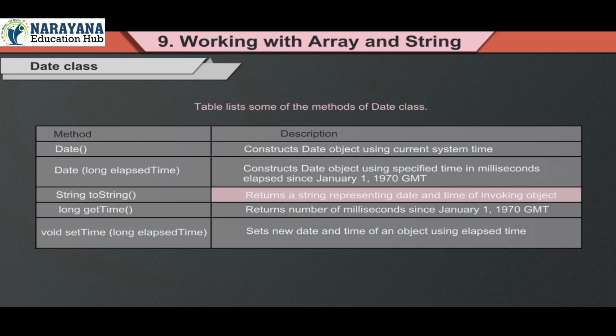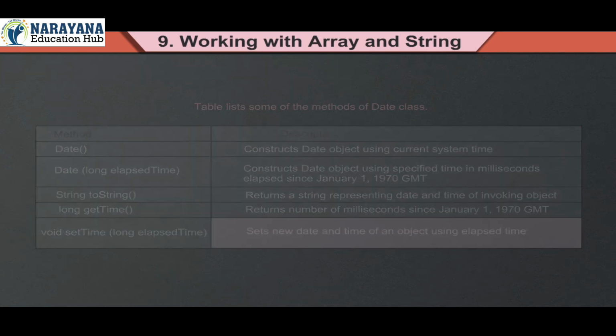Description: returns a string representing the date and time of the invoking object. Method: long getTime(). Description: returns the number of milliseconds since January 1, 1970 GMT. Method: void setTime(long elapsedTime). Description: sets a new date and time of an object using elapsed time.